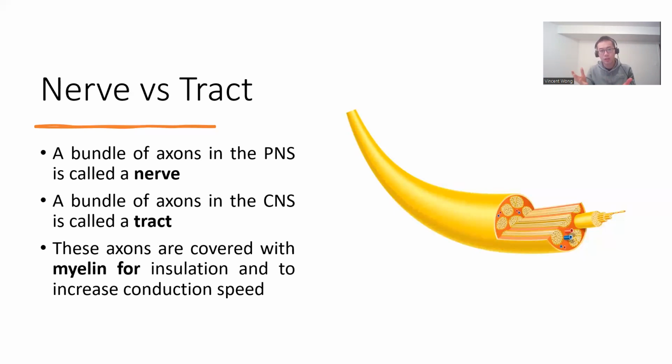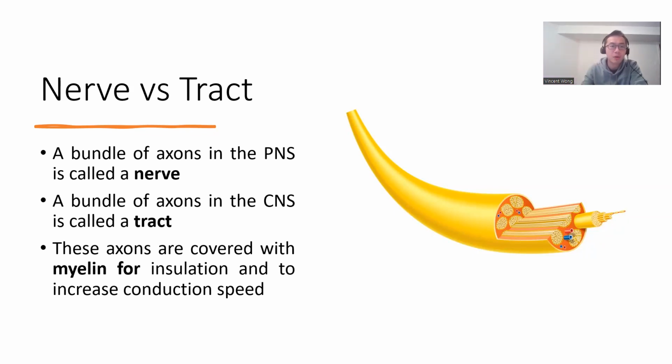If you find this structure in the CNS, we give it one name. But if we find the same thing in the PNS, then we give it a different name. It's like, you know, sometimes in Canada and in the US, we call the same thing different things, right? Like when we finish a meal at a restaurant, we ask for the bill, but then they say, give me the check. Same meaning, but different names.